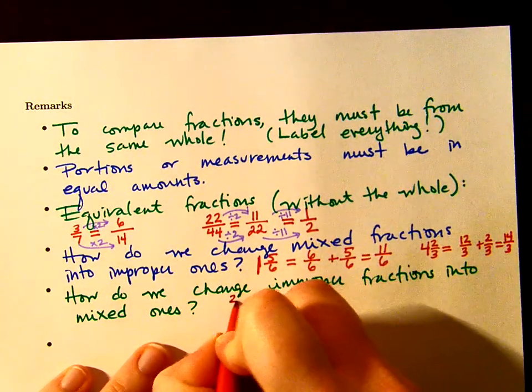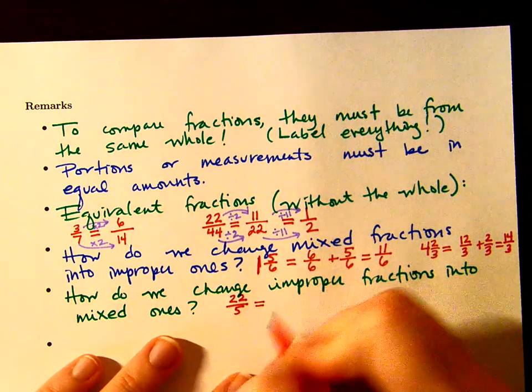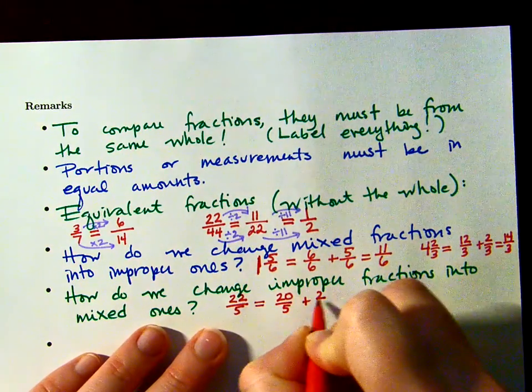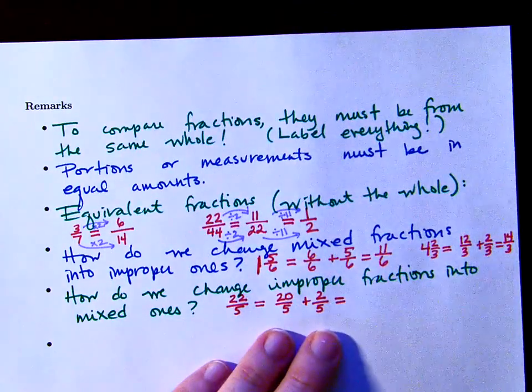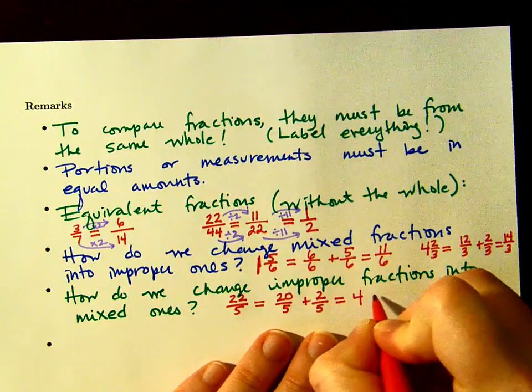So let's suppose for fun we have 22 fifths. Well, I know that I can break that into 20 fifths and 2 fifths to get 22 fifths, and 20 fifths is actually 4 wholes.